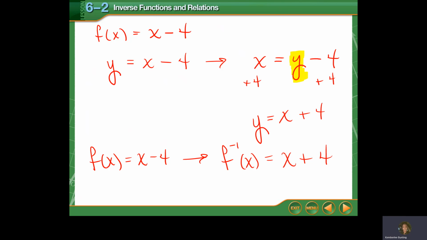Anyway, all right. So how we feel about the process? We're about to do another one. Don't worry. It's the first one. Just remember, X and Y are gonna do what? Switch places, and then we're gonna solve for Y again. Okay?